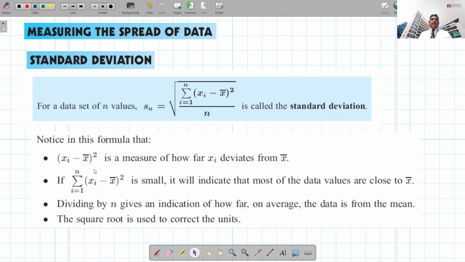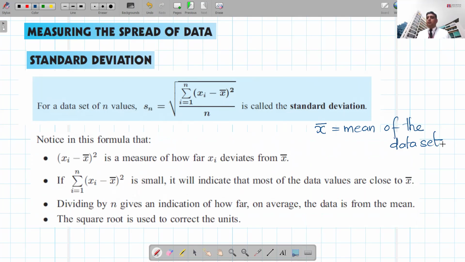Xi minus x bar. X bar means the mean or average of the data set.